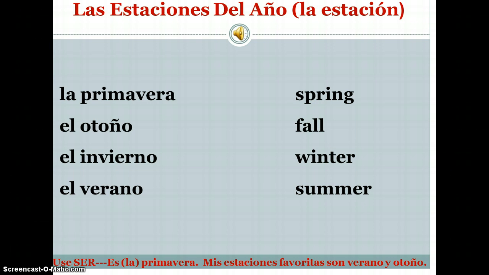So for example, since right now we are in the springtime, we say es primavera or es la primavera, or if we want to say something is in the spring, we say es en la primavera. Or mis estaciones favoritas son verano y otoño. My favorite seasons are summer and fall.